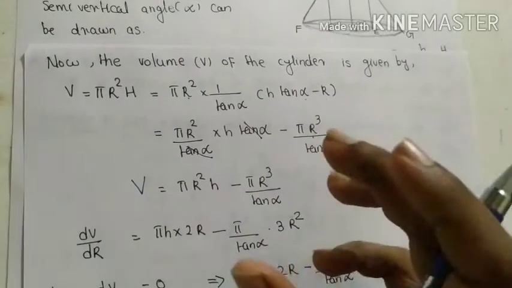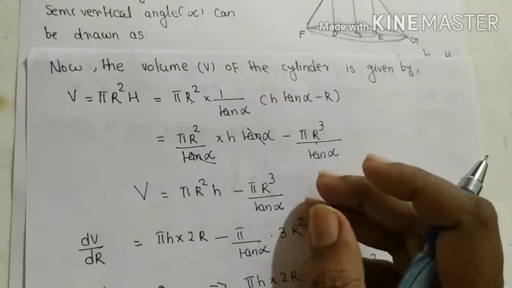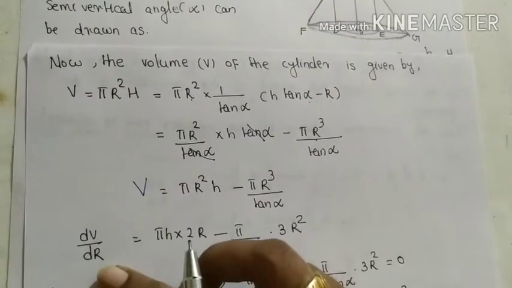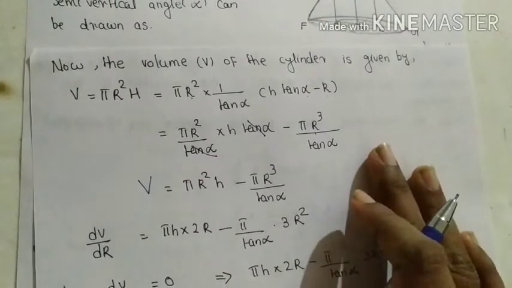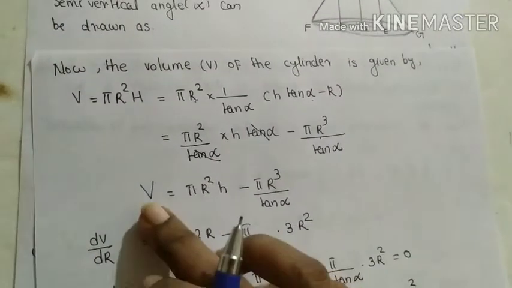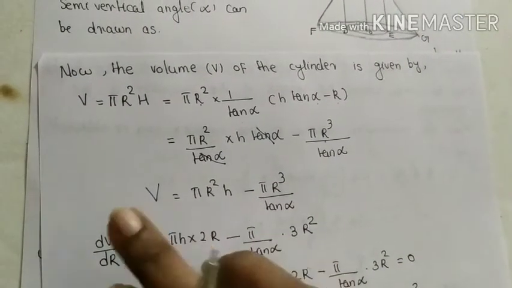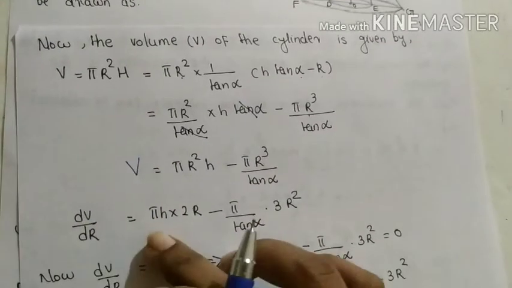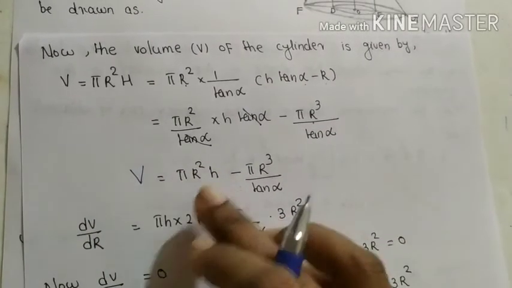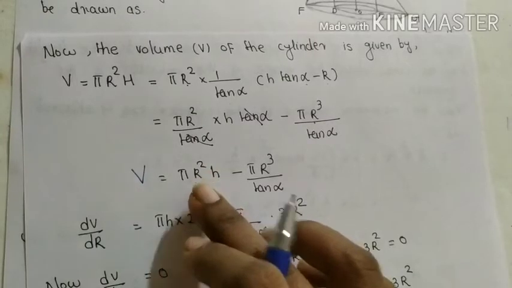Next we need to find the derivative of volume with respect to capital R, that is the radius of the cylinder. Differentiating with respect to R on both sides, we get dV by dR equal to pi H, which is constant, times the derivative of r square, which is 2r.